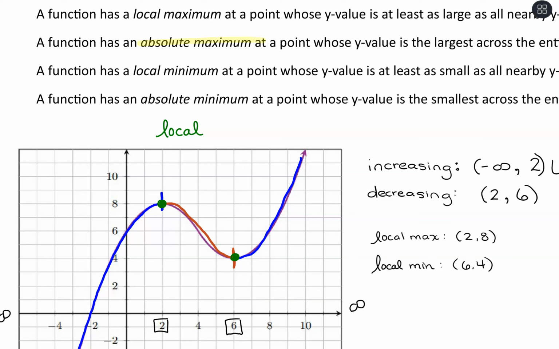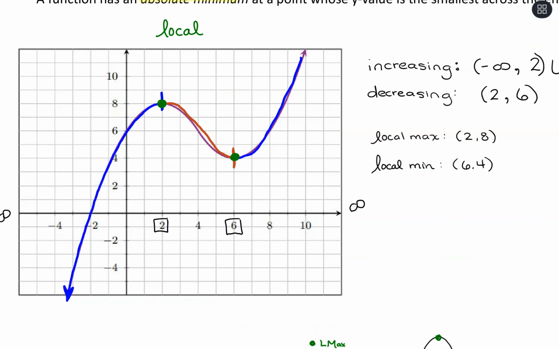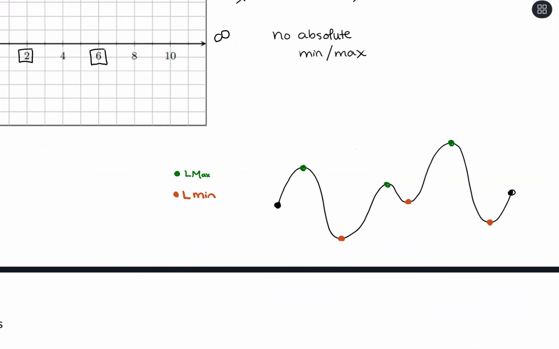Absolute maximums and minimums are the absolute largest and the absolute smallest value. Now with our graph here, because of those arrows at the end, we don't have absolute maximums or minimums here. That wouldn't be defined. So no absolute minimums or maximums because we go off to infinity. But like with this graph that I drew down here, where it's kind of finite, it's stuck between 2 points, my absolute maximum would be the absolutely tallest value.